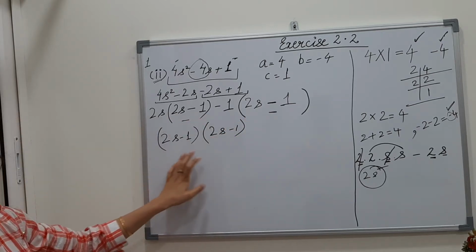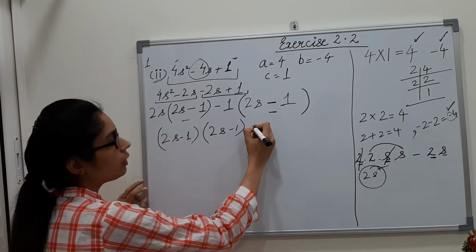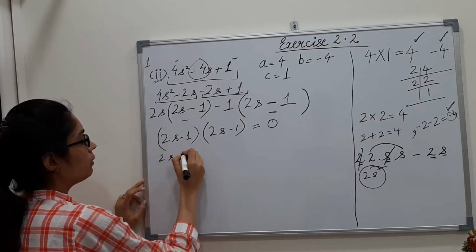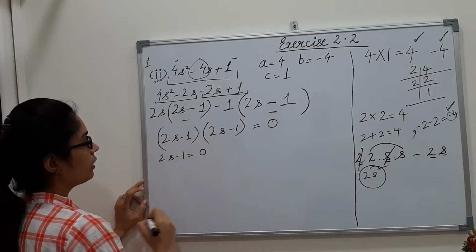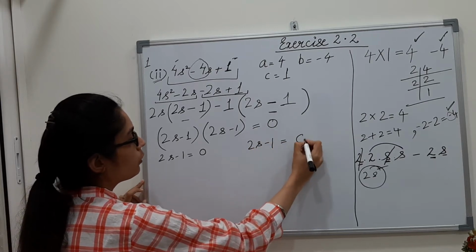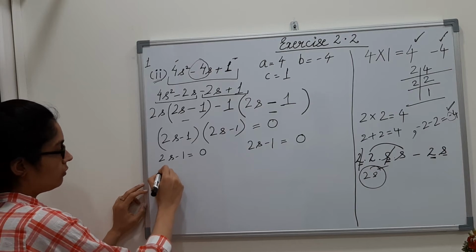So now I have got two factors. For finding zeros, compare these two factors with 0. Your 2s minus 1 equals 0, and the second 2s minus 1 will also equal 0. Now just solve it.